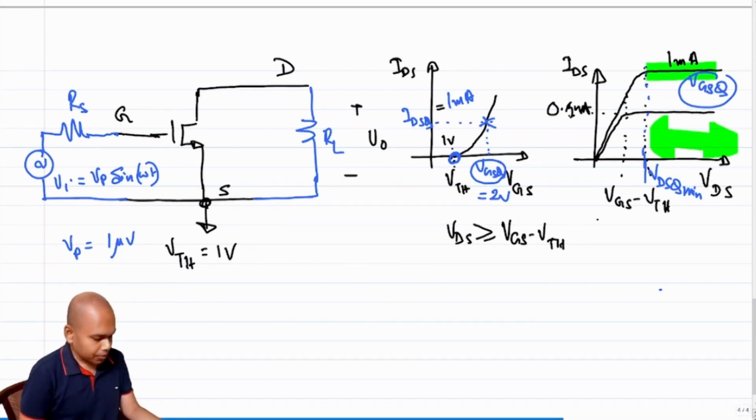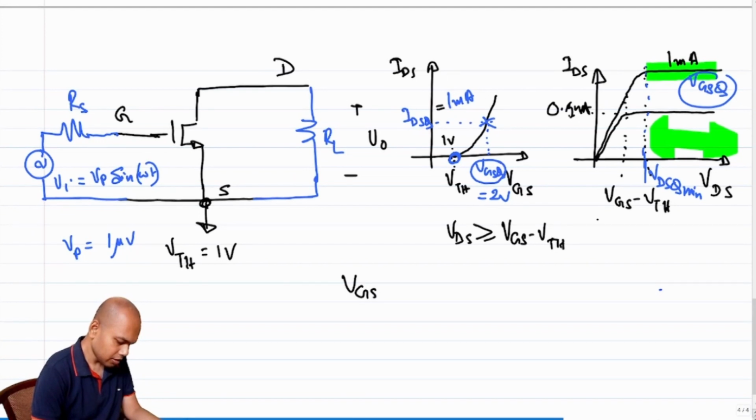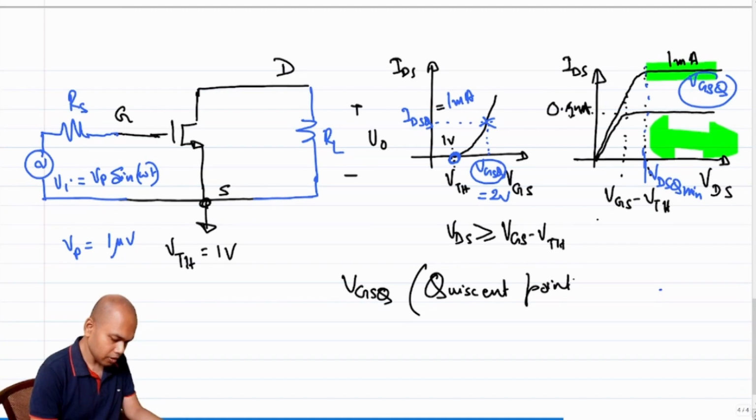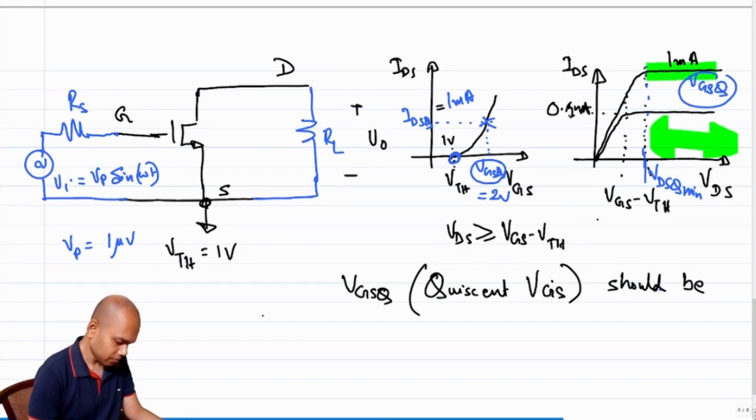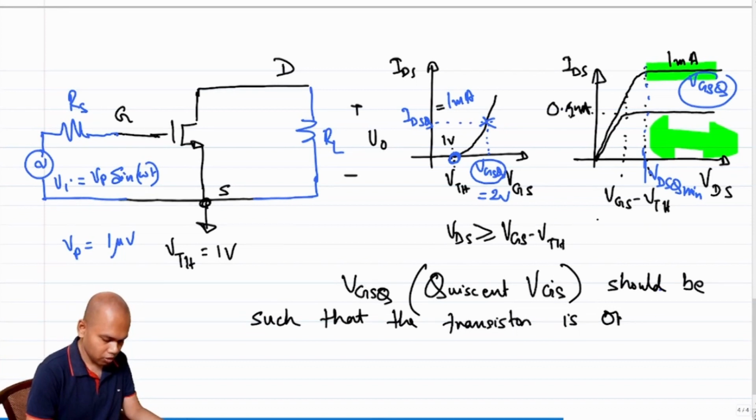The most critical thing we should keep in mind is the following, that your VGSQ, that is the quiescent bias point, the quiescent VGS, should be such that the transistor is on.